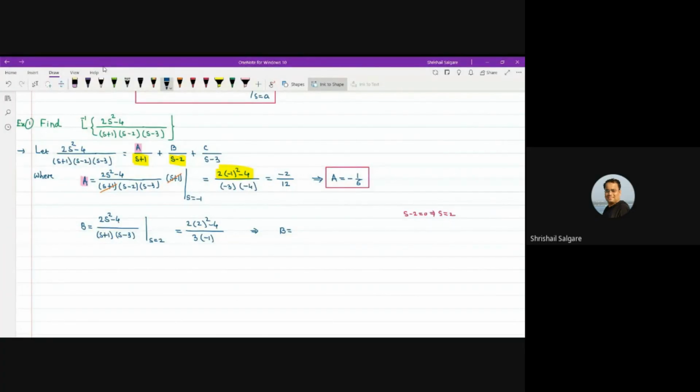Okay. 2 squared is 4, 4 twos are 8, 8 minus 4, minus 4 by 3. Check. Yes, minus 4 by 3. Very good. Good response. B is minus 4 by 3.